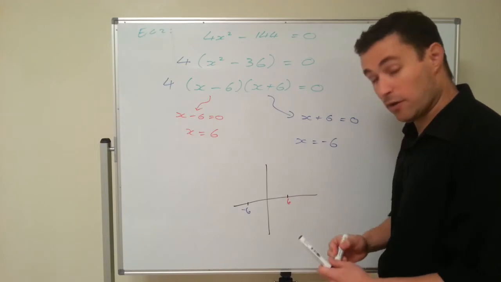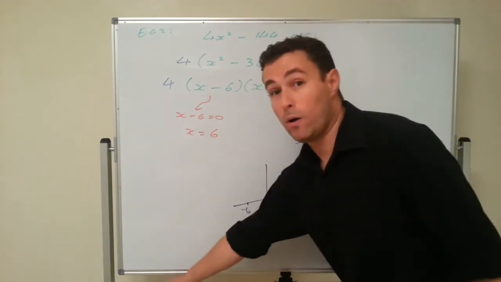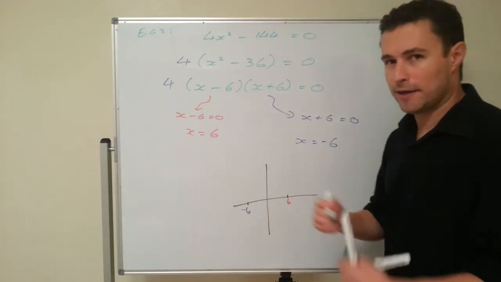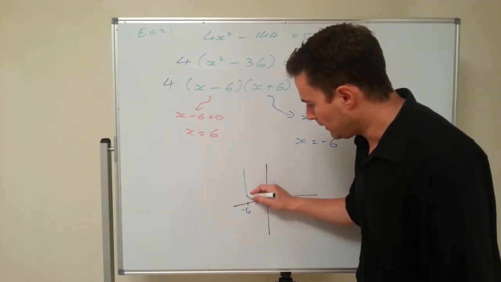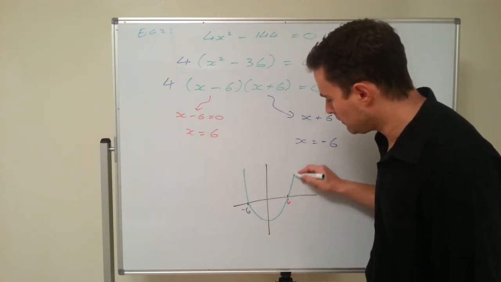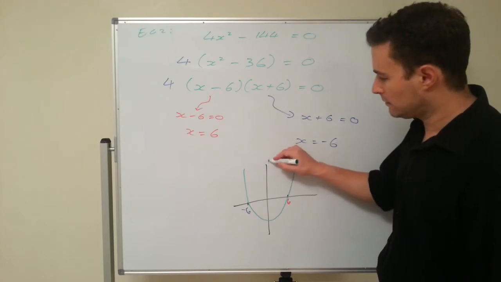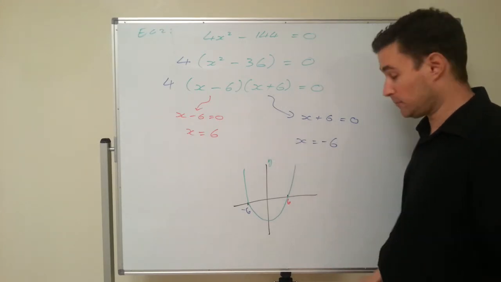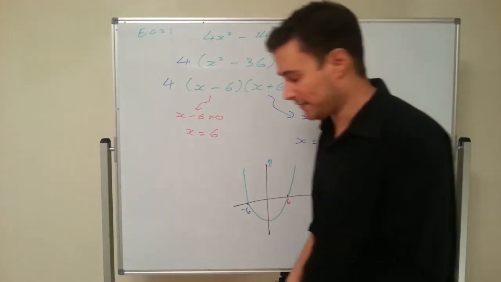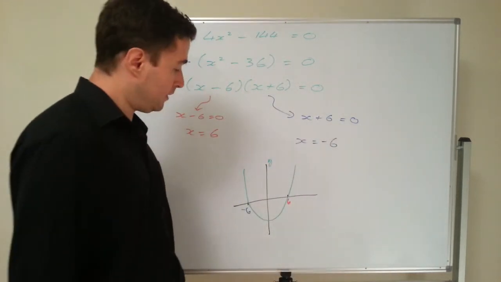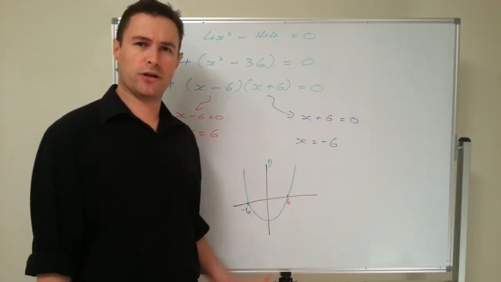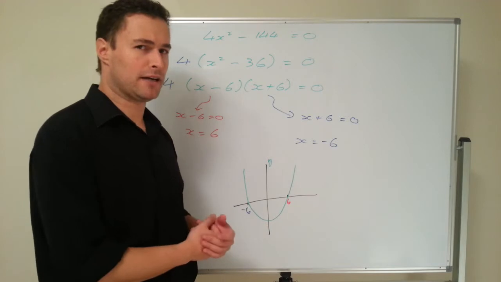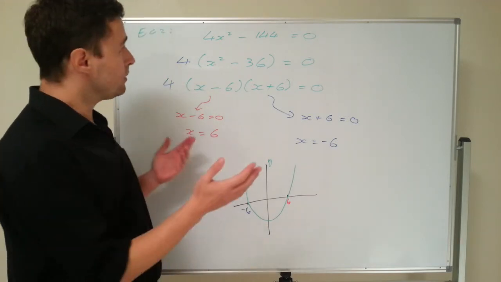That means that the whole graph of this, if anyone ever asks you to draw it, is symmetrical about the y-axis. So the y-axis is my axis of symmetry. That's kind of cool. We'll look at plotting graphs of quadratics and how we do that a little bit later.